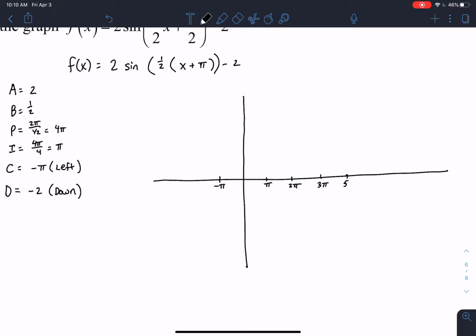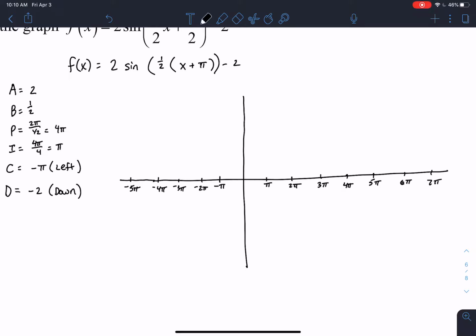And then 5, oh, I skipped over one, sorry. So 4, 5, 6, 7. All right, so that's another period, and then -2, -3, -4, -5. Okay, so that's another period to the left.